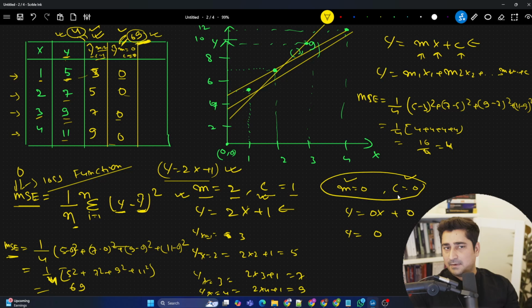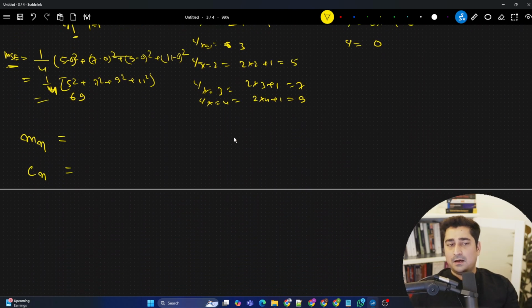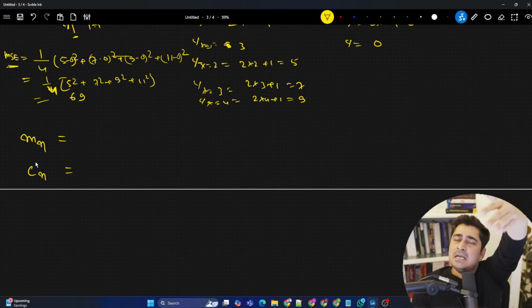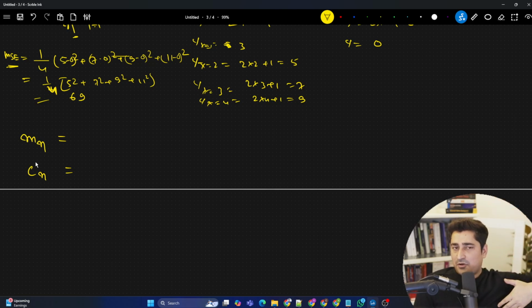So I have to find a new value of m and a new value of c. I can start from 0, 0, or any random value, that's completely fine. Eventually, I have to reach those values of m and c where it gives me a less loss, meaning it gives me the perfect equation.